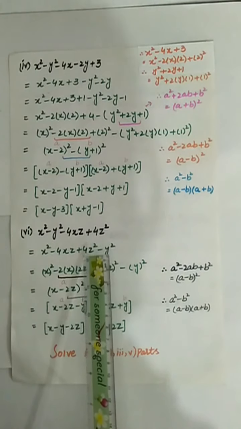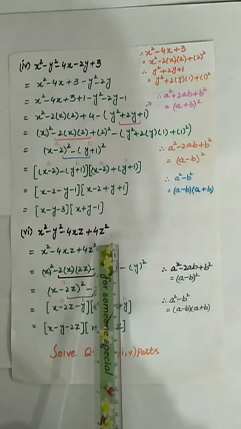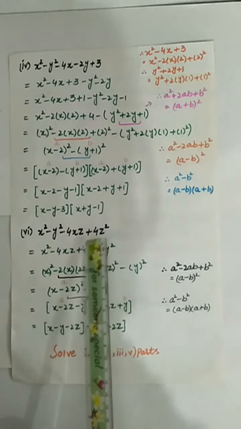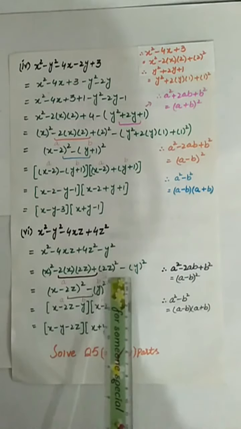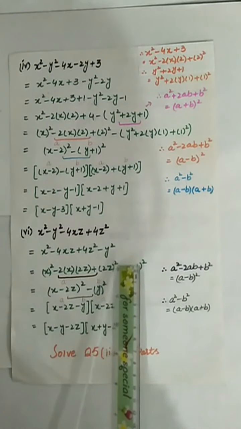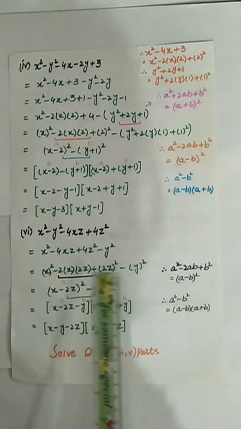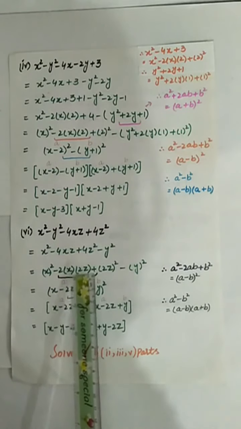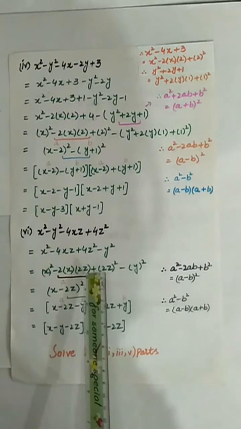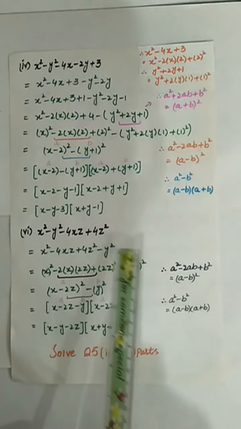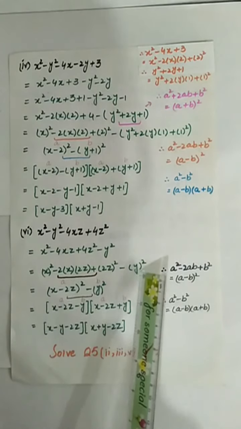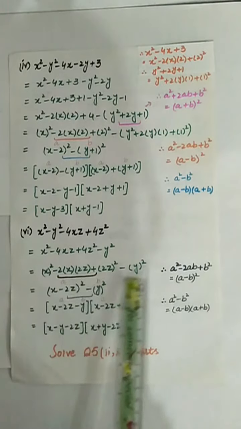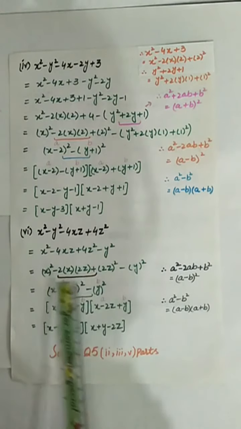This 4 is the square of 2, and this z square is the square of z. So we will write this 4z square as 2z whole square. This is the b, which we used here, minus 2, a is x and b is 2z. Then minus y square, this is the term as such. First we will complete the formula for these three terms.